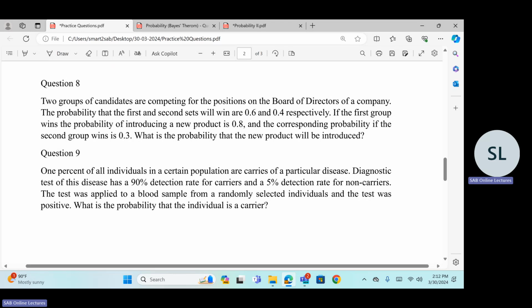Define the event, and you can write the formula too and substitute the value.